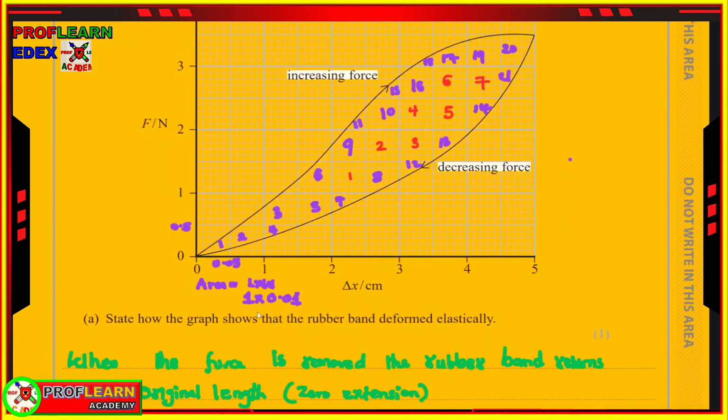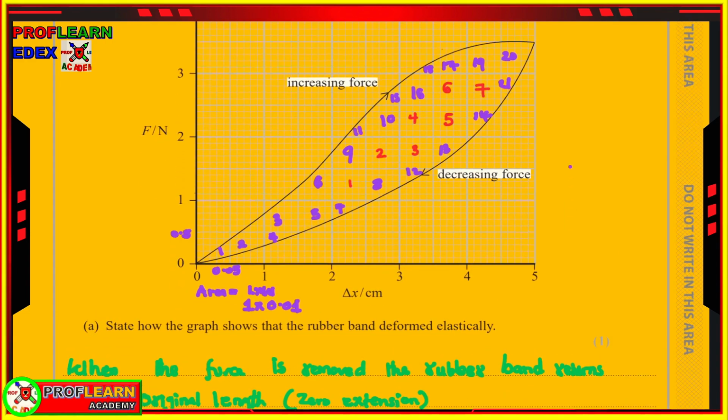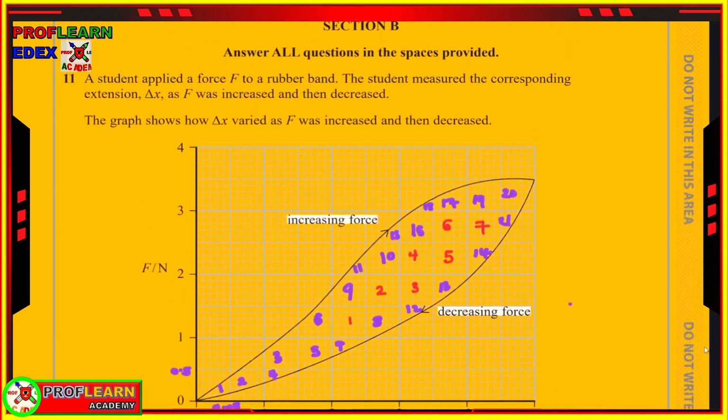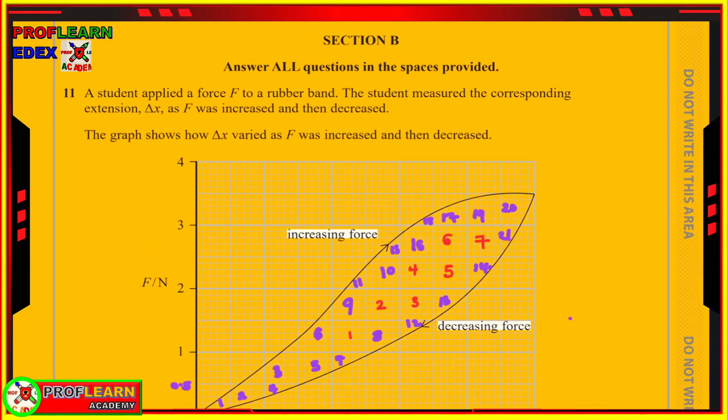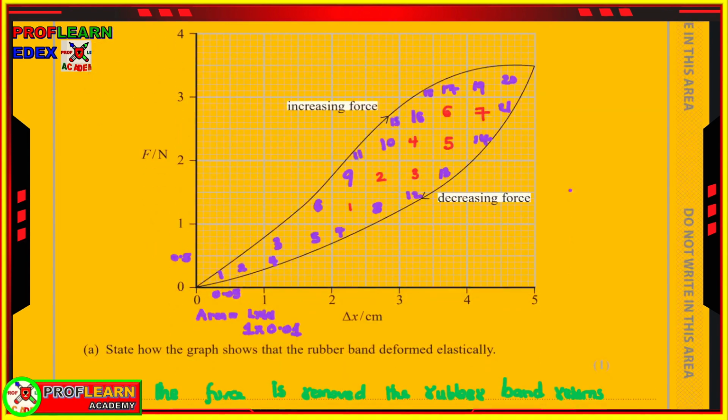So if we are to state how the graph shows that the rubber band deforms elastically: elastic deformation is when a material returns to the original length and shape when the force is removed. The way we can note that is that after all the forces have been removed, the material went back to the original length. There is no extension.